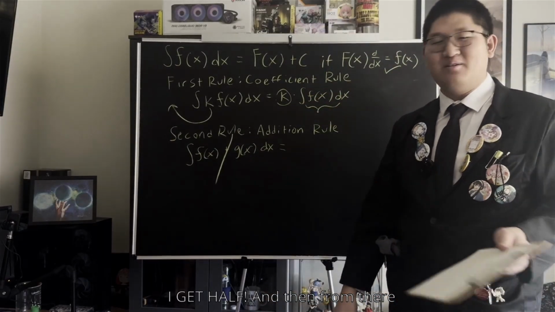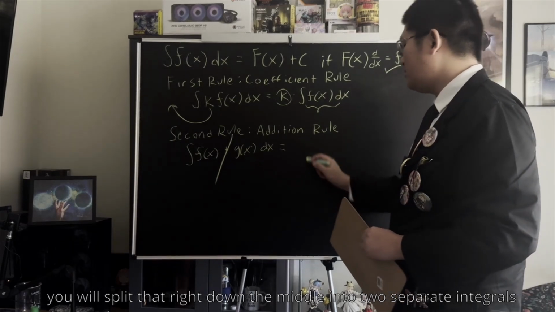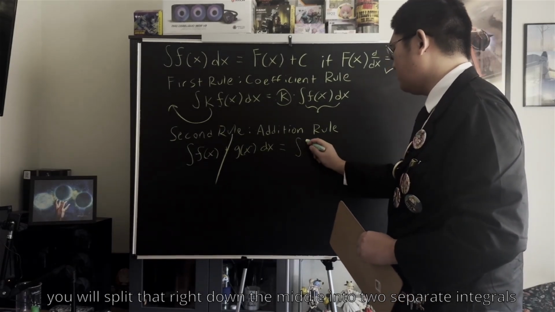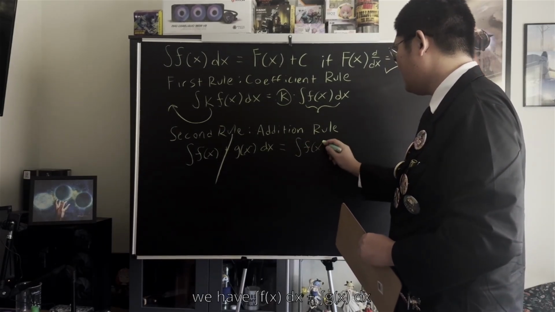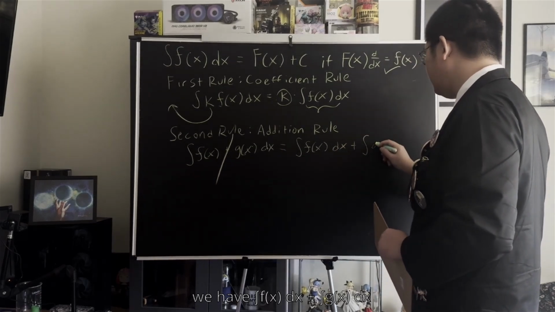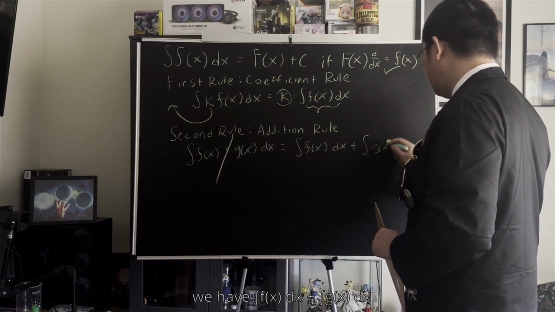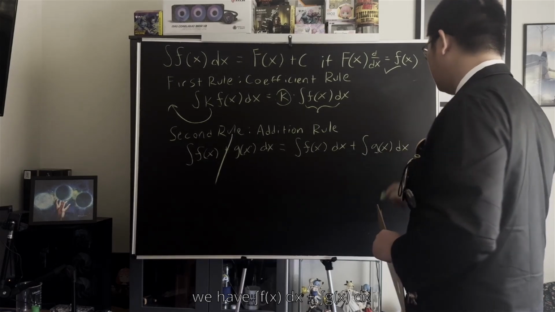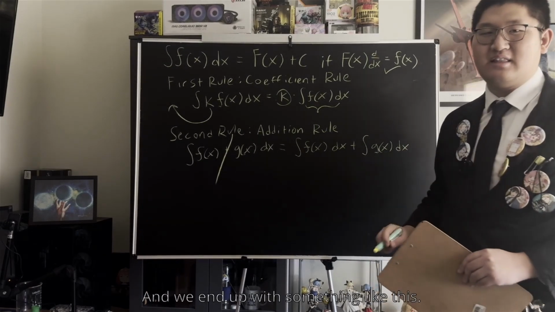Then you split that right down the middle into two separate integrals. We have the integral of f of x dx plus the integral of g of x dx, and we end up with something like this.